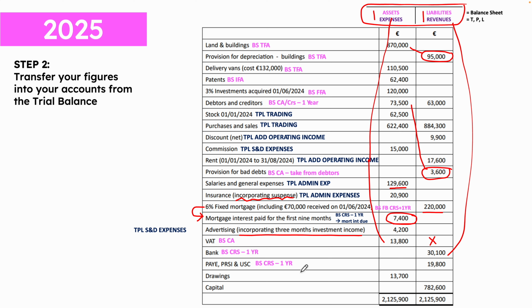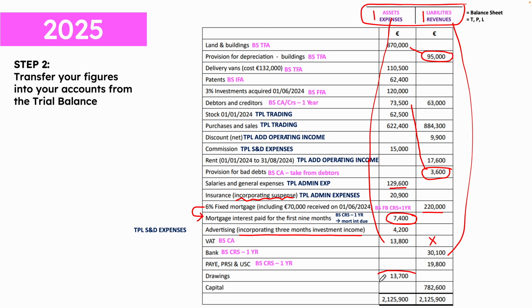McConnell as an employer has taken PAYE, PRSI and USC from his employees' salaries or wages, and he or she will then send it over to the Revenue Commissioners. So when it's on the right hand side, the credit side here, we will owe that to the Revenue Commissioners, and we'll obviously have to pay them that within the year, and then our debt to them will be done.